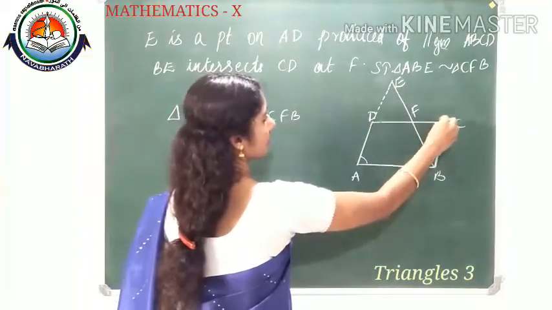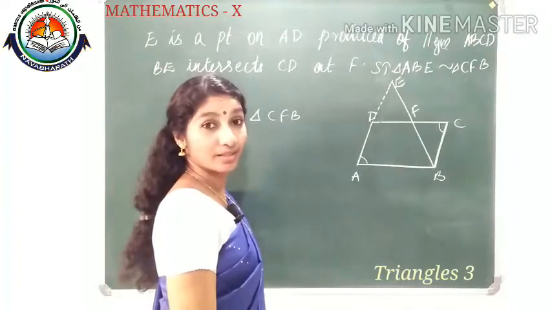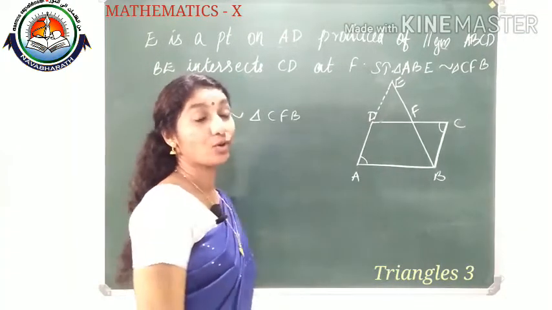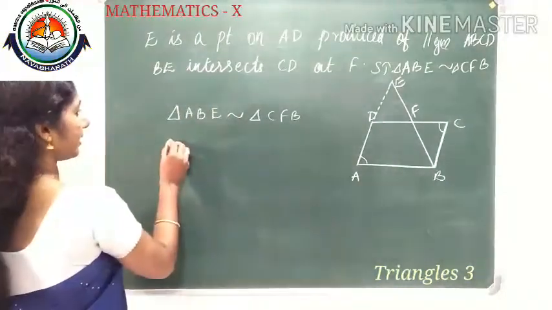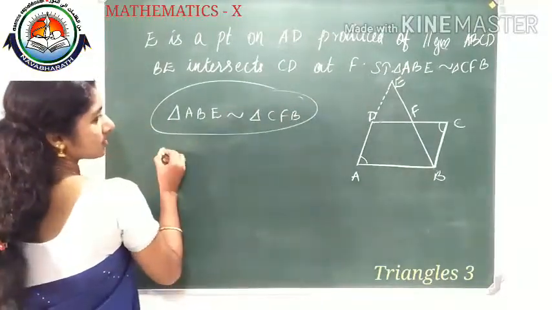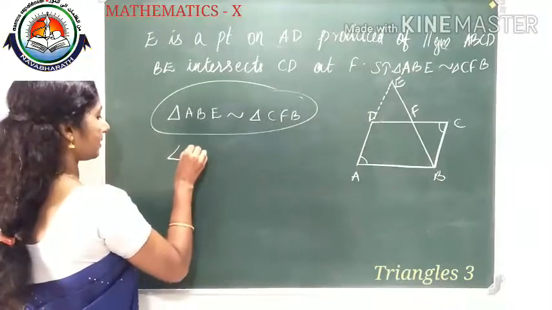What about these two angles? ABCD is a parallelogram. So A and C are the opposite angles of the parallelogram. And we know opposite angles of a parallelogram are equal. So first you draw the figure, after that you can start writing like this.